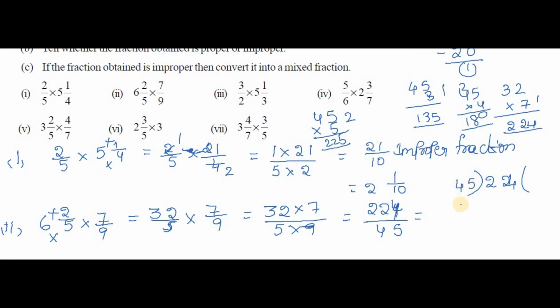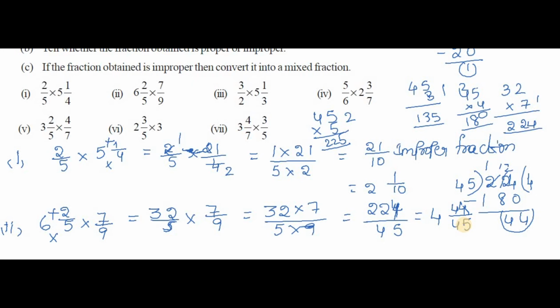So that is the reason only 45 4s will come. 180. 4 minus 0 is 4 and 2 minus 8 is not possible. Borrow 12. 12 minus 8 is 4 and 1 minus 1 is 0. 4 44 by 45.